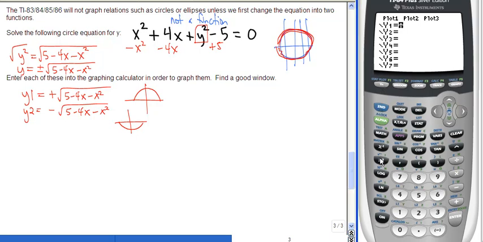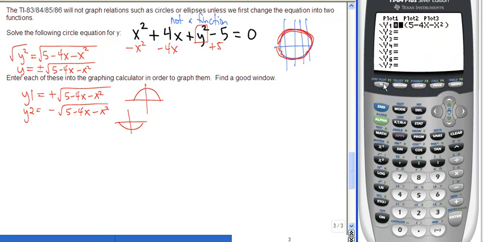Just do second square to get that square root button. 5 minus 4x minus x squared, close the parentheses. So there's the top half of my circle. And let's go ahead and draw this top half only in a standard window. So I'm going to do a zoom standard. There it is. There's the top half of my circle.